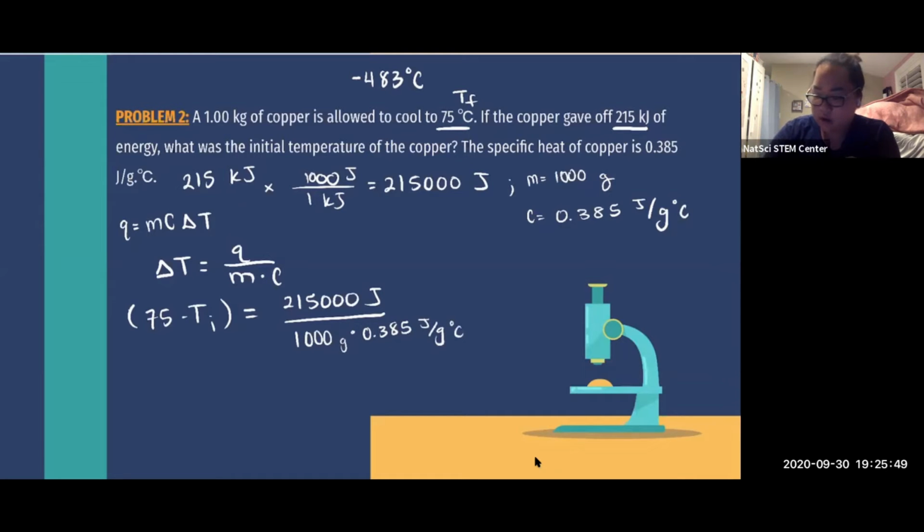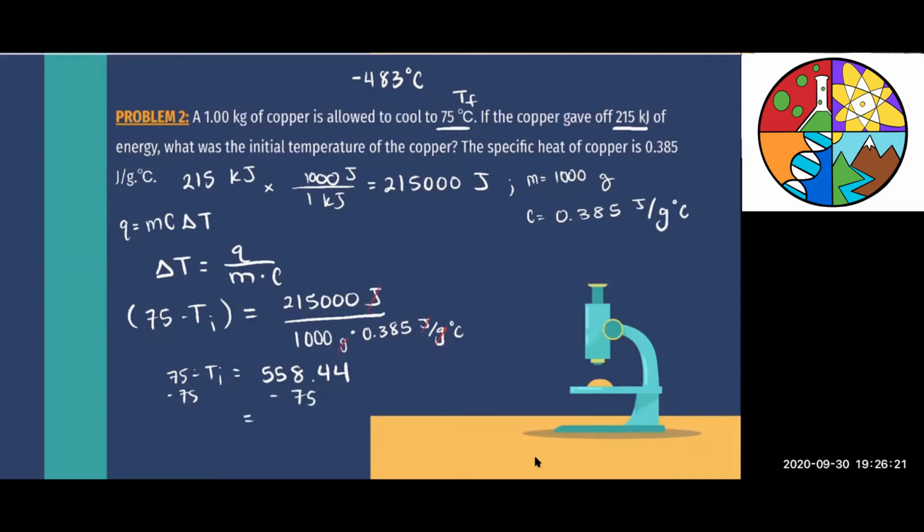So again, units crossing. Joules are getting canceled out. So let's solve for minus T initial first. Let's solve the right side. You should get 21,500, then 558.44 if you subtract 75.